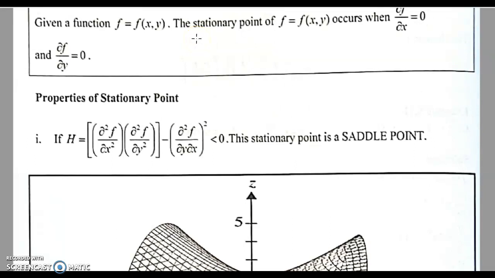To use the Hessian function, we first need to look for a stationary point in a graph. The stationary point is something we are going to obtain in the form of a coordinate, to show where the stationary point is.